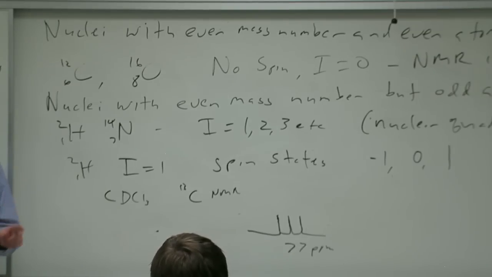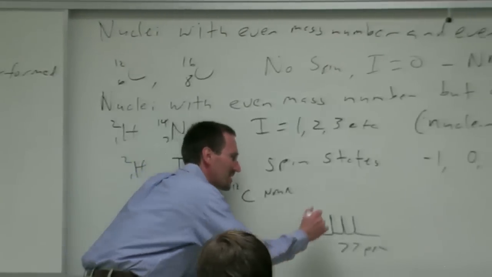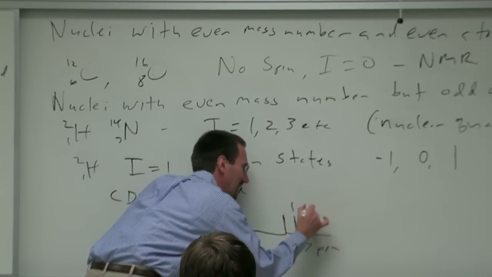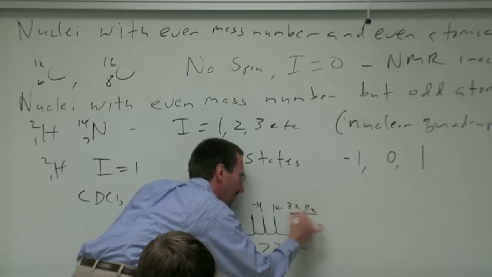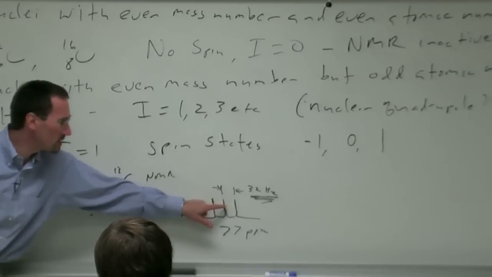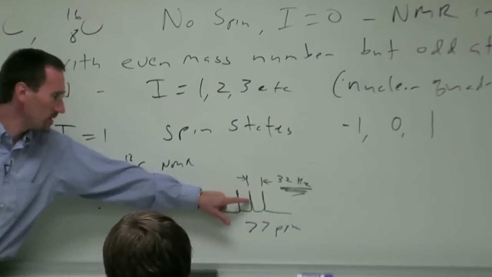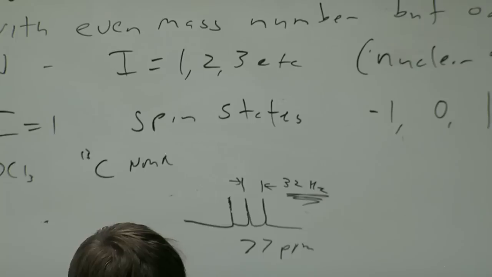It's really jammed together. The separation between the lines is 32 hertz. In other words, the distance between these 2 lines is 32 hertz. The distance between these 2 lines is 32 hertz.